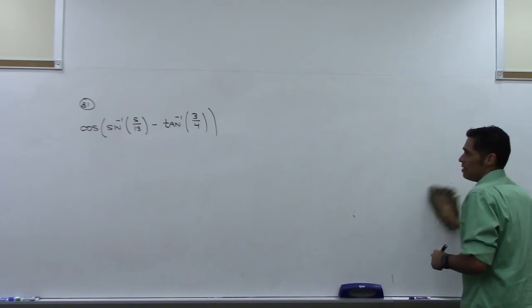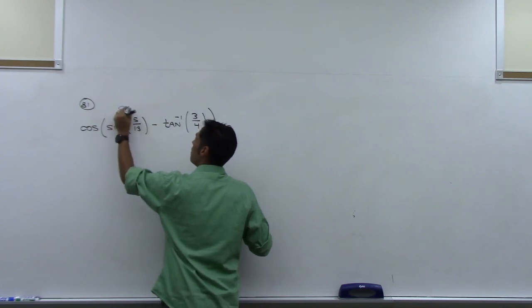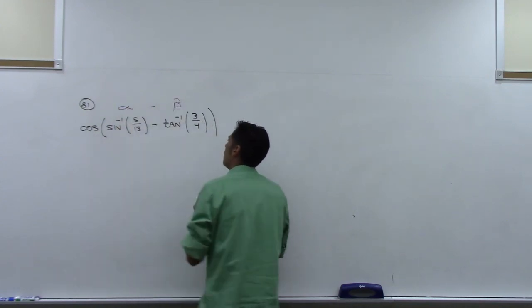Again, you kind of squint your eyes enough and you can see that this looks like cosine of alpha minus beta.